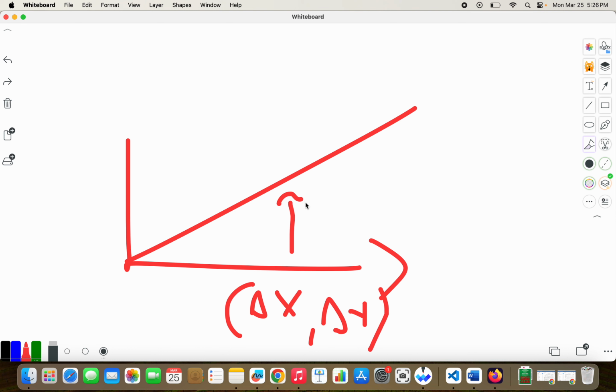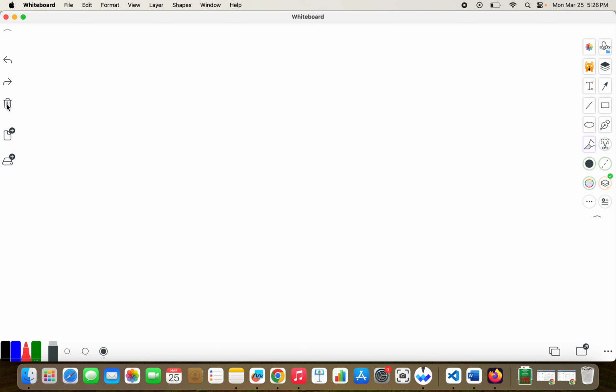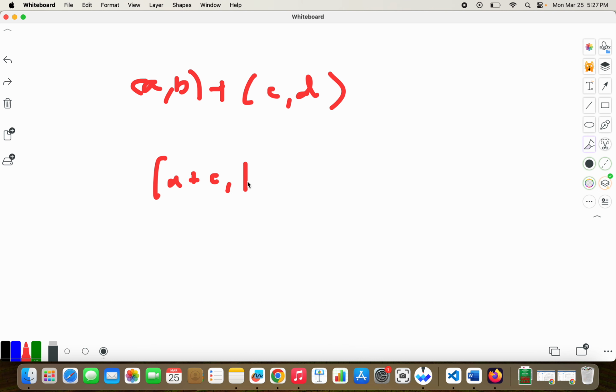That's basically the component form. Anyway, those are just a side note about vectors. And if you want to add vectors, you just add components; subtracting, with negative numbers, is the same. It's not that hard.